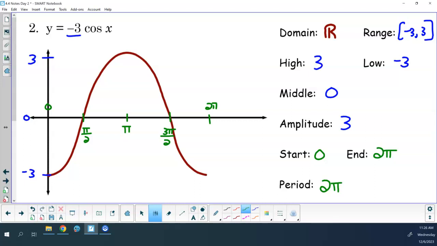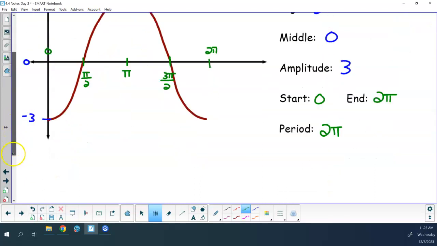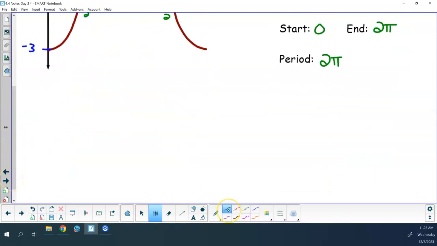So just so you are aware, as a side note, if you have a positive a value in your function, the sine curve looks like that. The cosine curve looks like that.